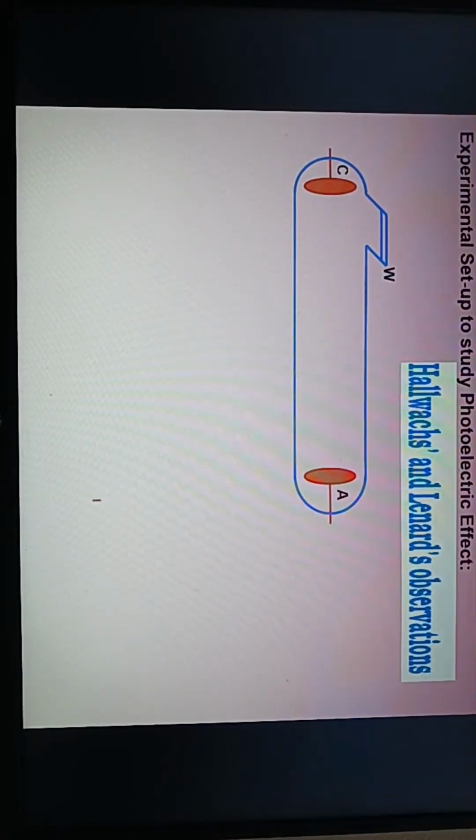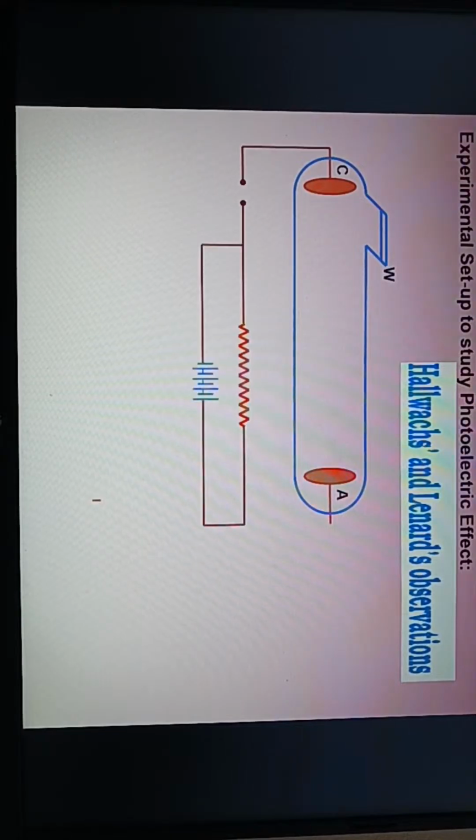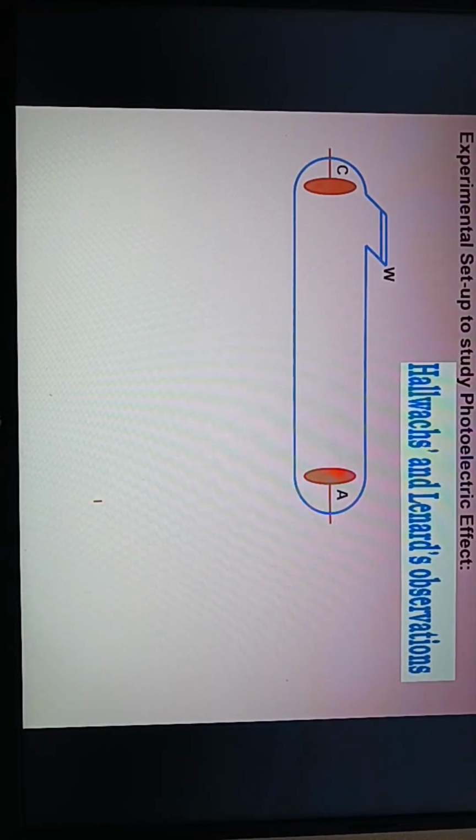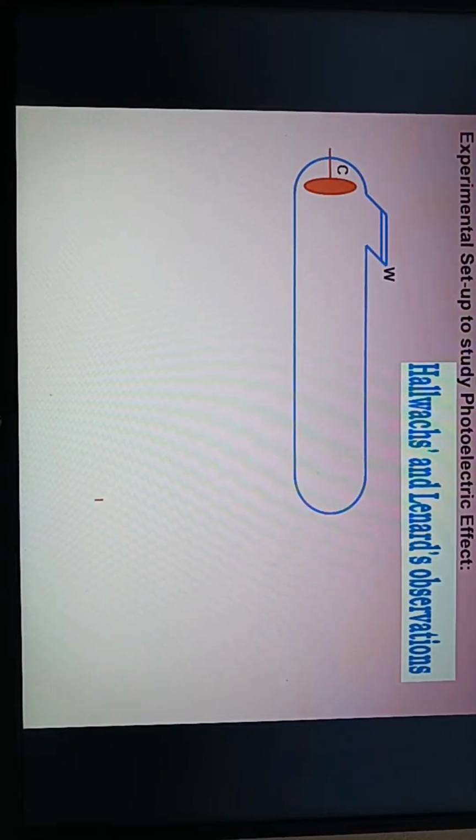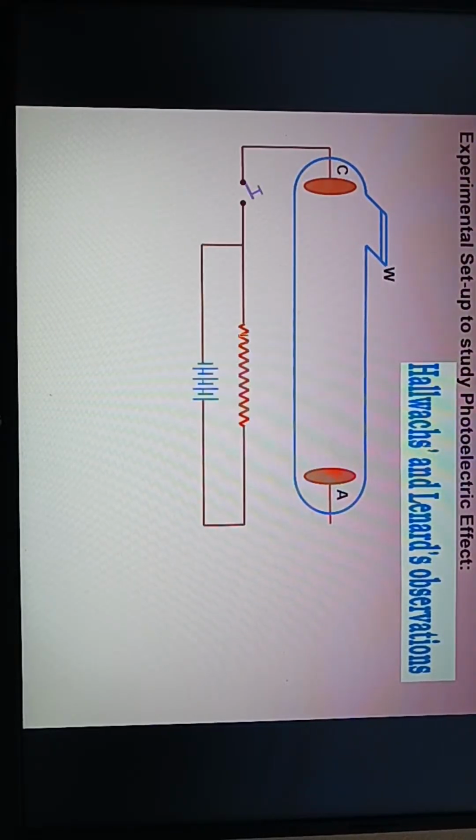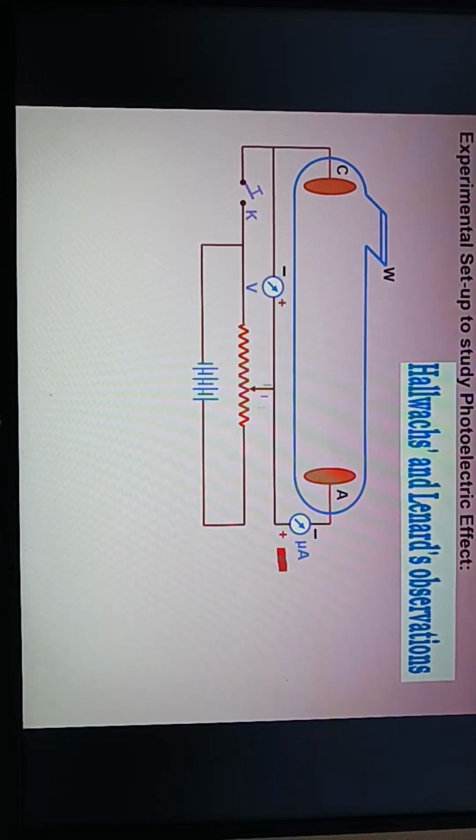Right. Next, this is an animation for this. You can see how nicely it shows how to draw it easily. First, you draw a tube, draw one cathode, then the anode, and a quartz window connected to this high voltage key. When you press it, current will flow, and here you will get this current, then here the voltage will come.